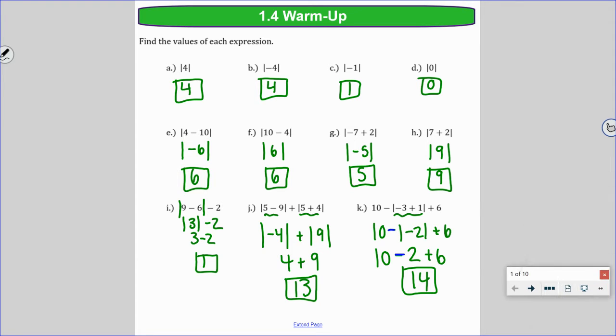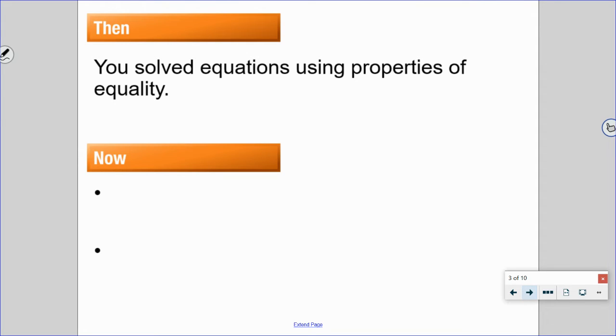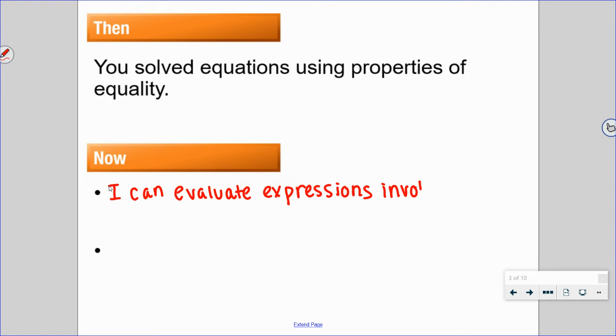So, as I mentioned, this is lesson 1.4, solving absolute value equations. And our goals for this lesson, first, that we can evaluate expressions that involve absolute value. And you just did a couple examples, but those only contained numbers. We'll look at a couple algebraic expressions in which we get to plug in some numbers and evaluate.